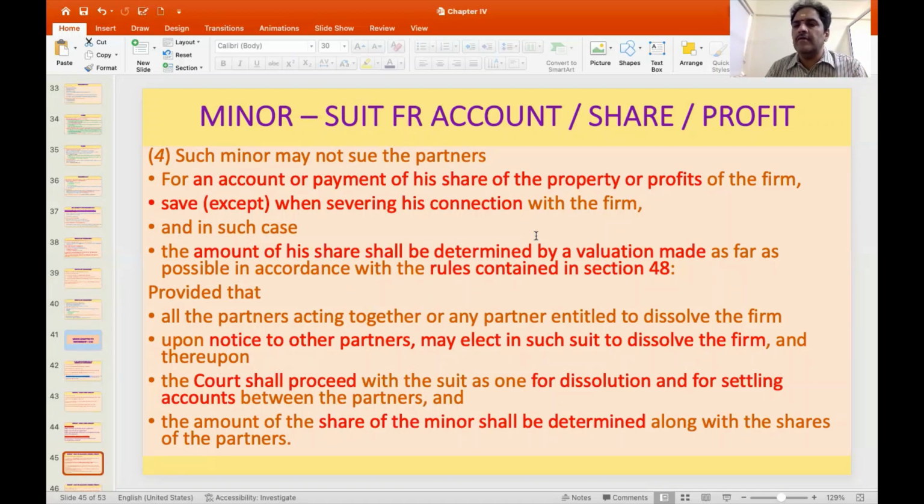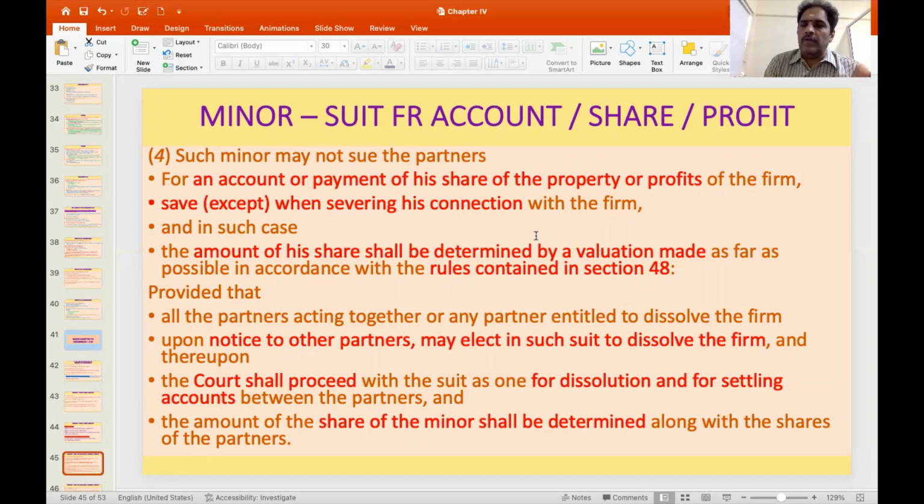And once he severs his connection and files a case, his share of property will be determined in accordance with section 48. Section 48 is a provision which deals with the mode of distribution of assets and allocation of profit, etc., in the provisions relating to dissolution. The chapter dealing with dissolution will have section 48.